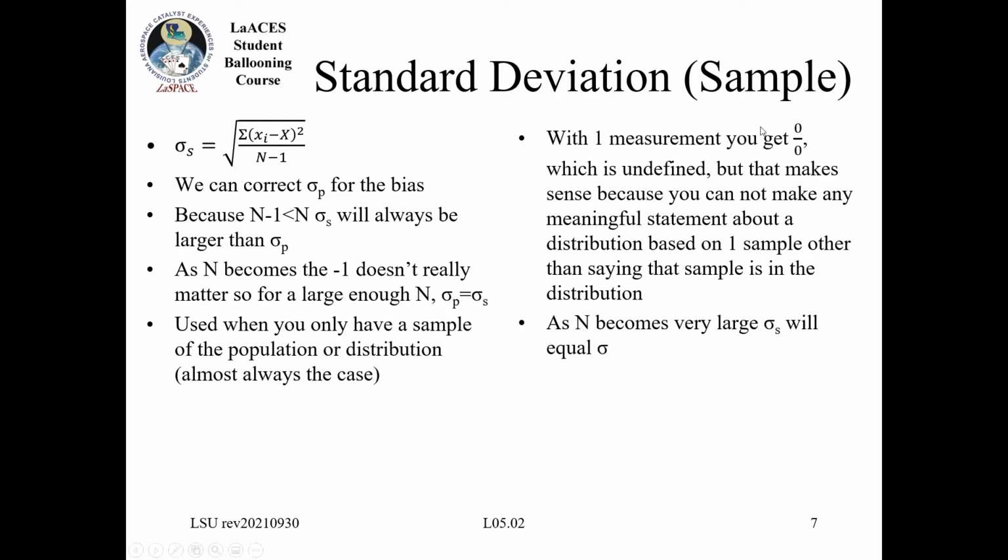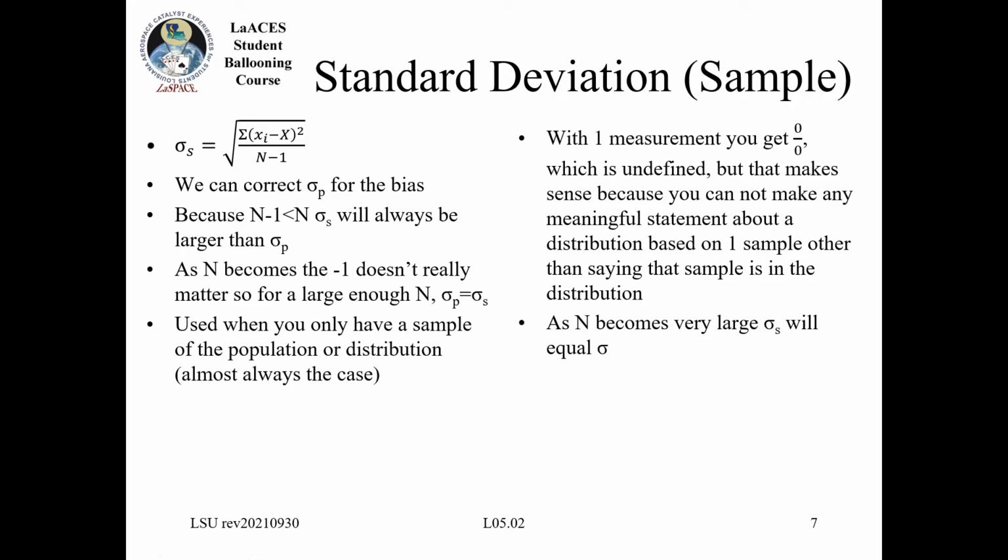And another thing to look at here is if I take a single measurement, right? That means my n-1 is just 0, right? Because 1 minus 1 is 0. And also that means my average, my mean, is going to be equal to that same value, right? So if I plug this into this equation, I get a 0 over 0, which is undefined.